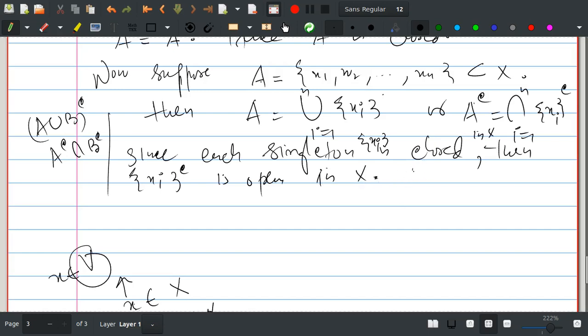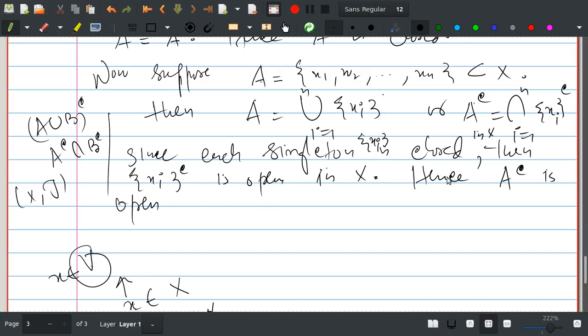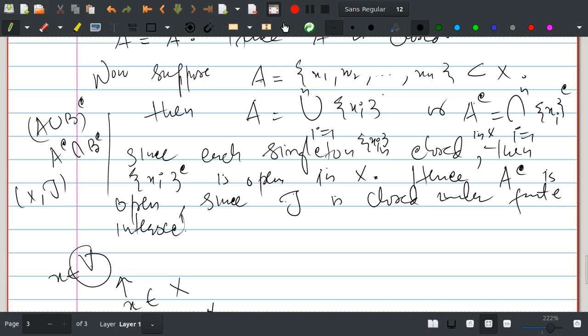So hence A complement is open because our topological space (X, T) is closed under finite intersections. So since T is closed under finite intersections, therefore this A complement is open and hence A is closed.